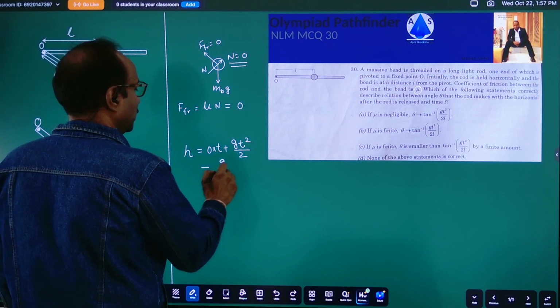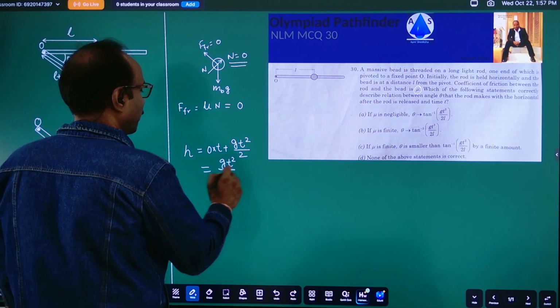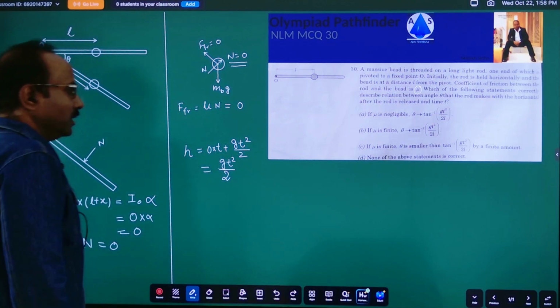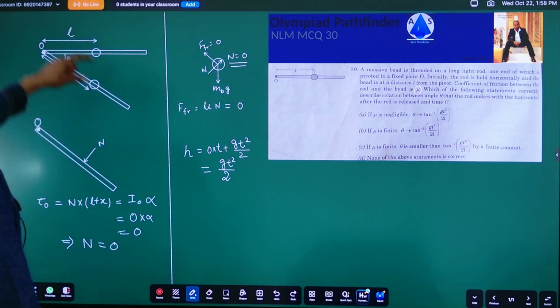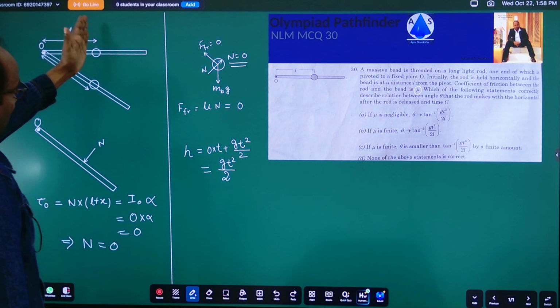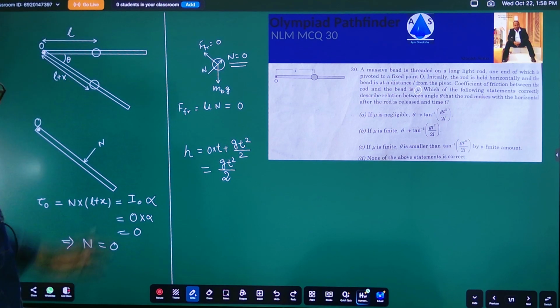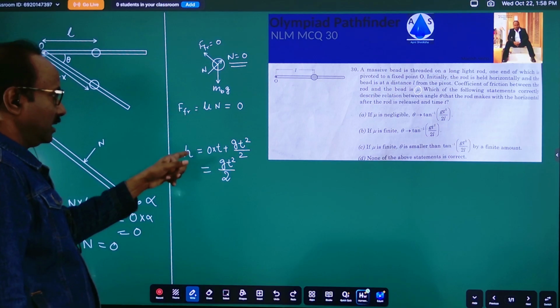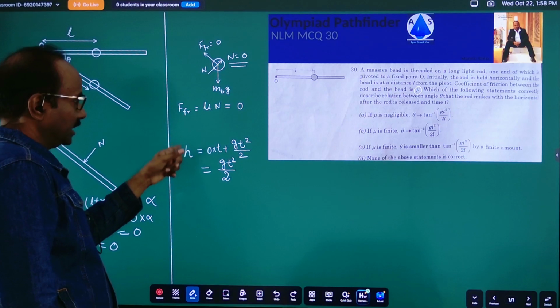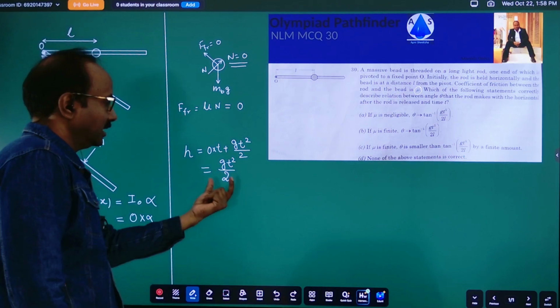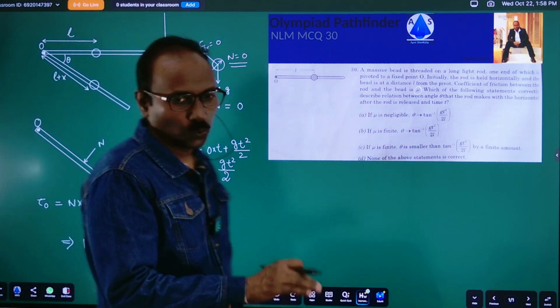So it will be g t square by 2. So in t time, the bead has covered exactly in the vertical direction a distance h, that is given by g t square by 2.